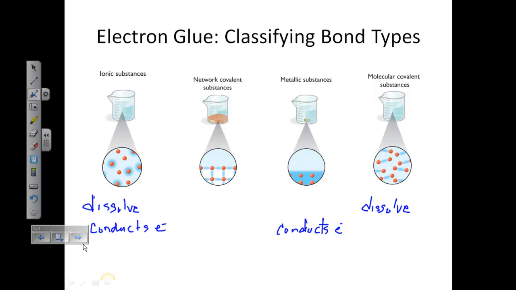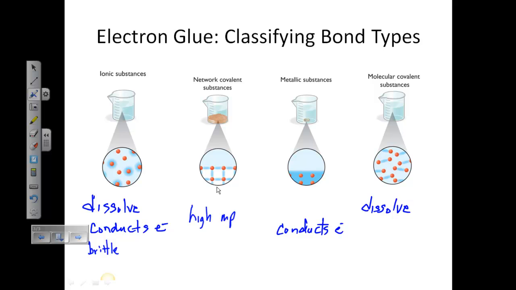And also, let's talk about the materials themselves in terms of how well they bend or break. Ionic compounds are said to be brittle. That means they break into pieces easily. Networked covalent substances have a tendency to be very strong. So these have high melting points.